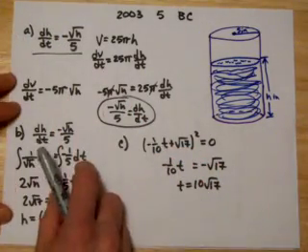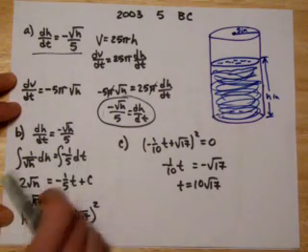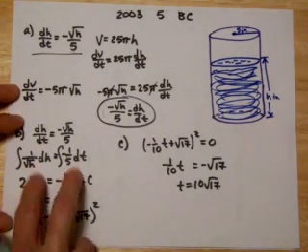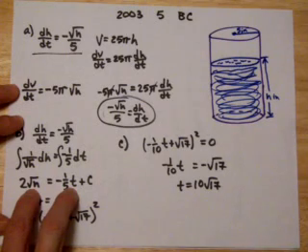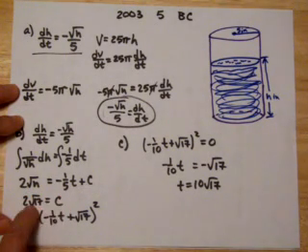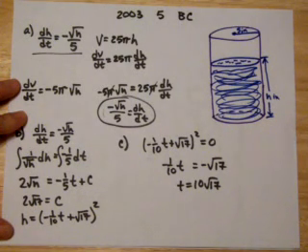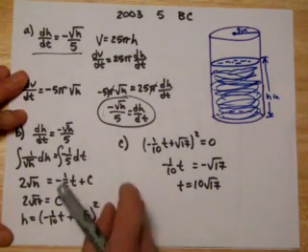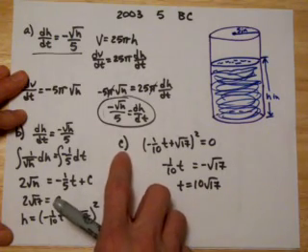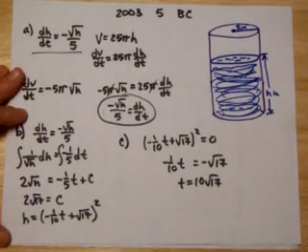B is worth 5 points, 1 for separating the variables, 1 for taking the antiderivatives, 1 for finding the constant, 1 for using the initial condition of 0, 17, and then 1 for solving for h. C is worth 1 point, the answer 10 root 17.